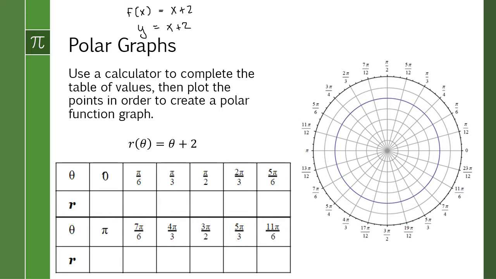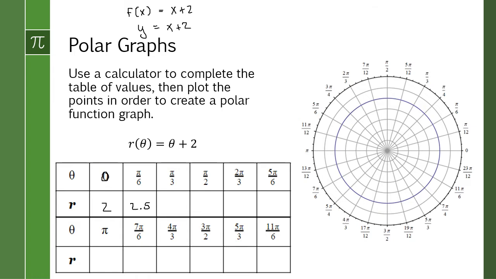The first angle that I'm given is easy. It's 0. So r equals theta plus 2 is going to be 0 plus 2, which is just the number 2. From there, we've got r equals theta plus 2 with an angle of pi over 6. So pi divided by 6 plus 2 is about 2.5. So we see that my radius has increased a little bit. Next angle is pi over 3.